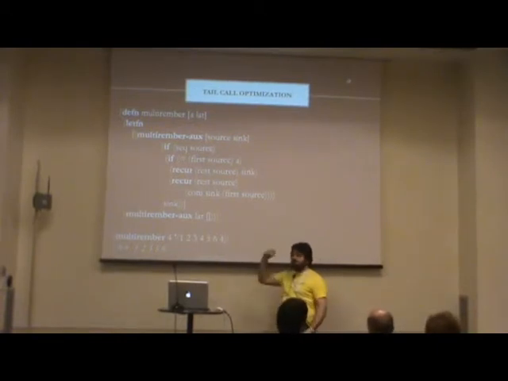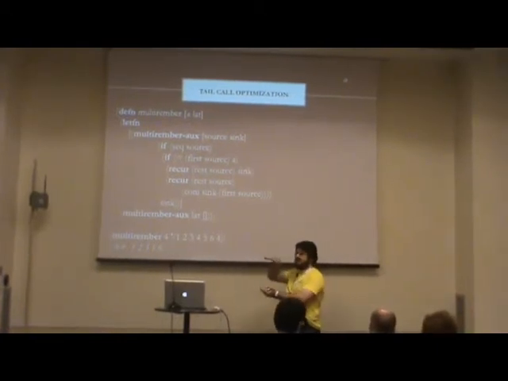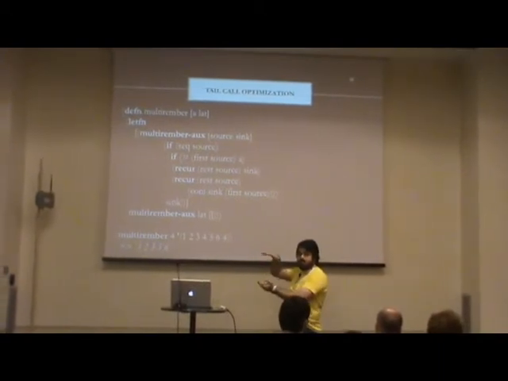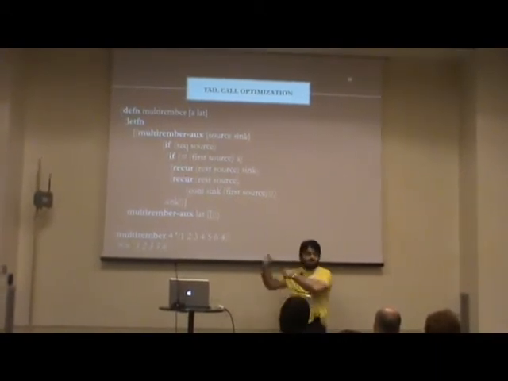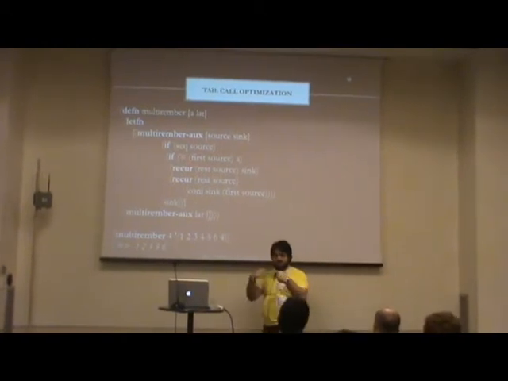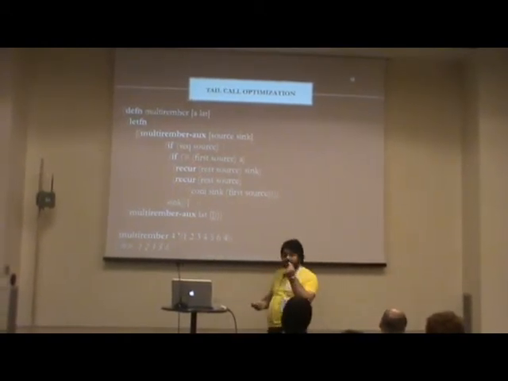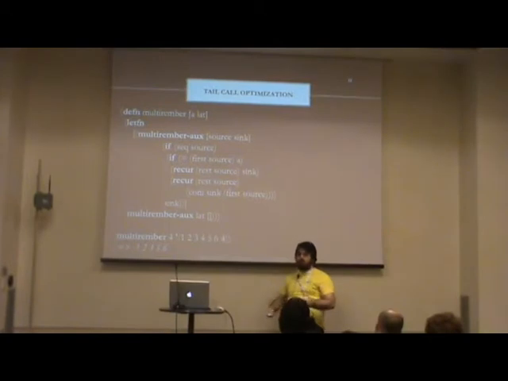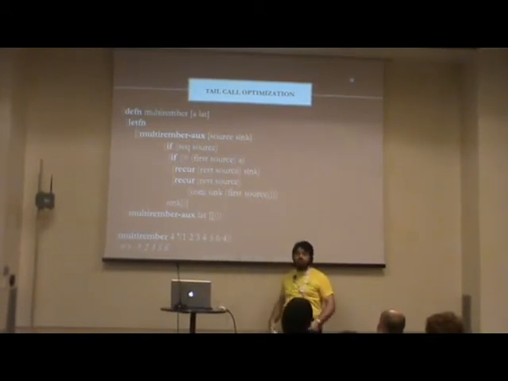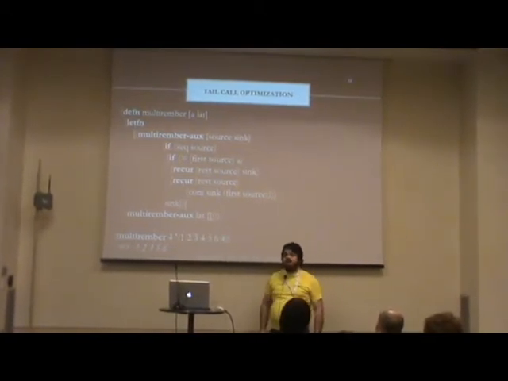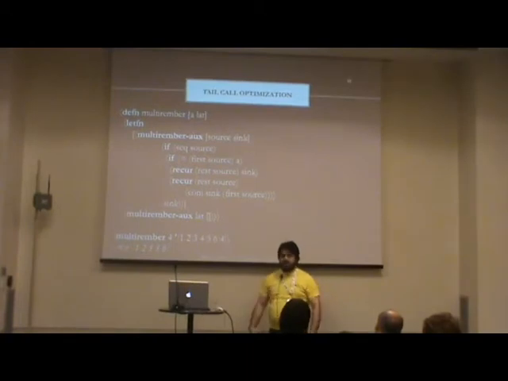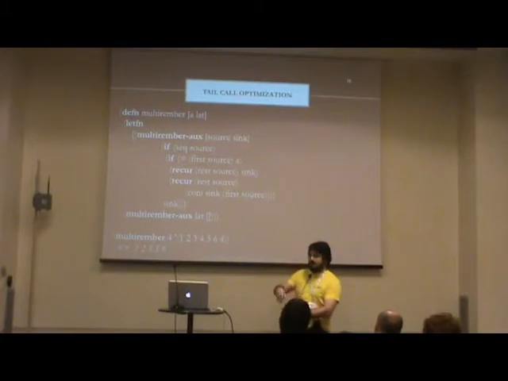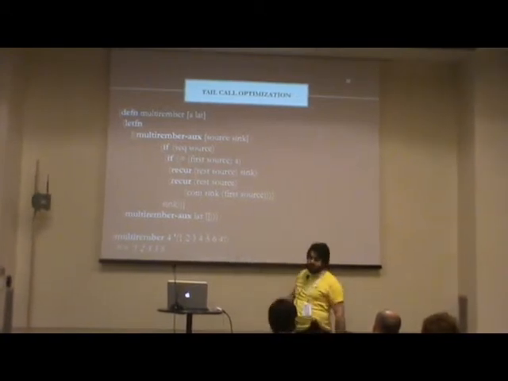What does that mean? When you call functions, you put function frames on the stack. Okay, they contain local variables and that stuff. But if the last thing you do before returning from a function is calling another function, then you don't need to put another frame on the stack. You can basically override the last frame on the stack with the new values for the new function.